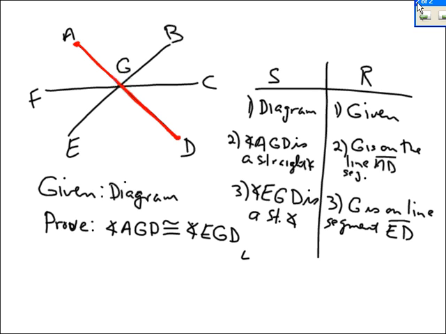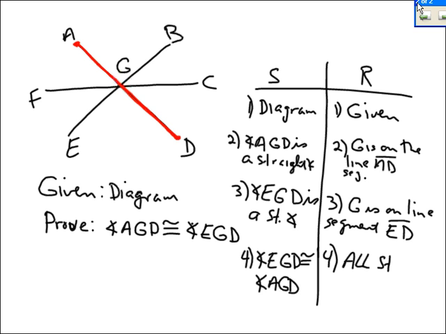Now for number 4, you can say angle EGD is congruent to angle AGD. And the reason is all straight angles are congruent.